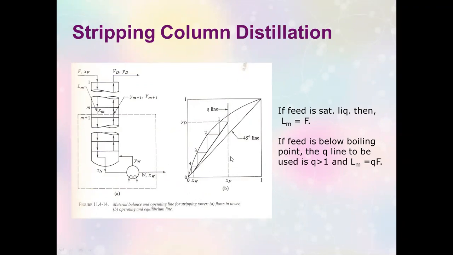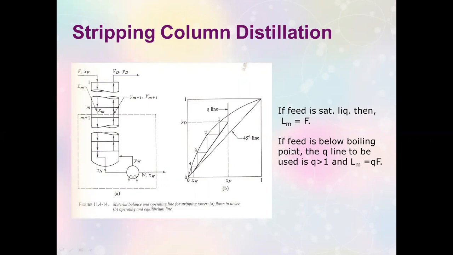Your feed is saturated liquid, and if you still recall, if it's saturated liquid, your q is equal to 1. If your q is equal to 1, right on the mole fraction of the feed, your q line will be vertical. So very easy. You just draw the q line right on xF, and its orientation will be vertical.